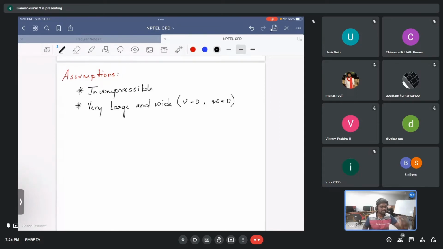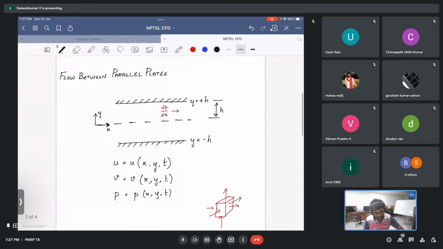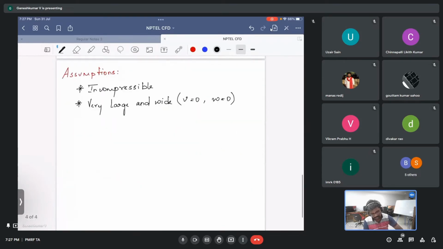Along the z direction there is not going to be any change in velocity, and the velocity along the y direction I am also making 0 because the length of the channel is very large, so there is not going to be any velocity profile. We can also see that the channel is bounded by two fixed plates, so the fluid is not going to cross those plates. So we are going to assume that v and w are 0.